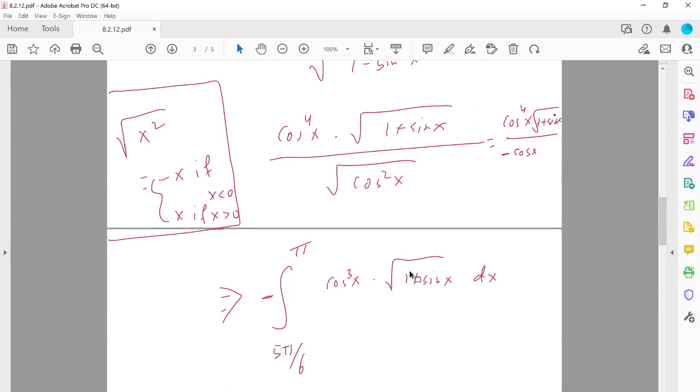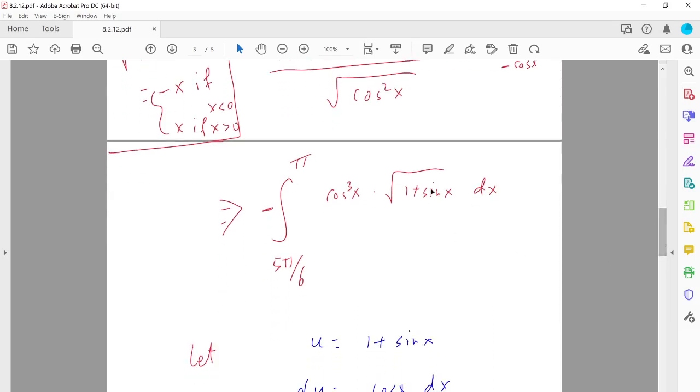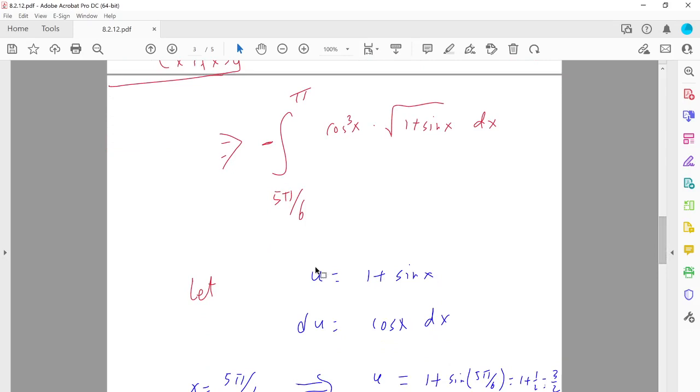Now we can find the integration by using the substitution rule. A little bit complicated term is the square root of 1 plus sine x. So we can substitute u equal to 1 plus sine x, and if we find the derivative, du equals the derivative of 1, which is 0, and the derivative of sine x is cosine x dx.